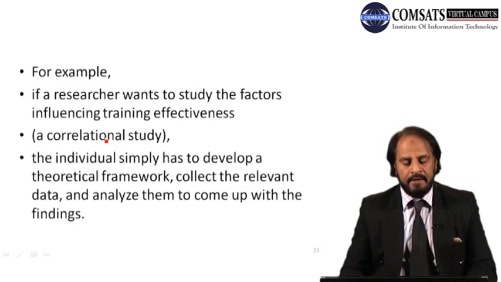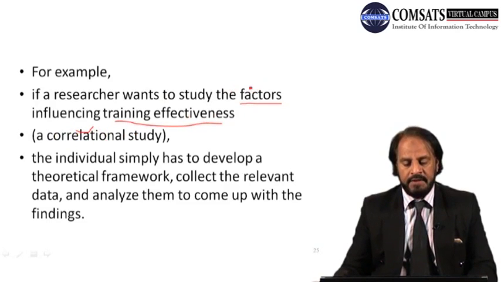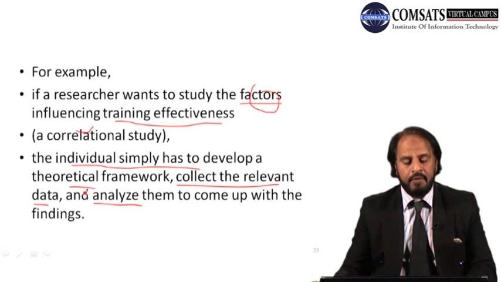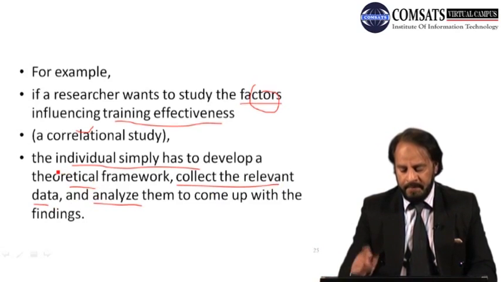For example, in a correlational study, if a researcher wants to study the factors influencing training effectiveness, this is a correlational study, because there are different factors. If it's a correlation study, then usually this individual simply has to develop a theoretical framework, collect the relevant data, analyze them, and come up with some findings without altering the normal flow of work.